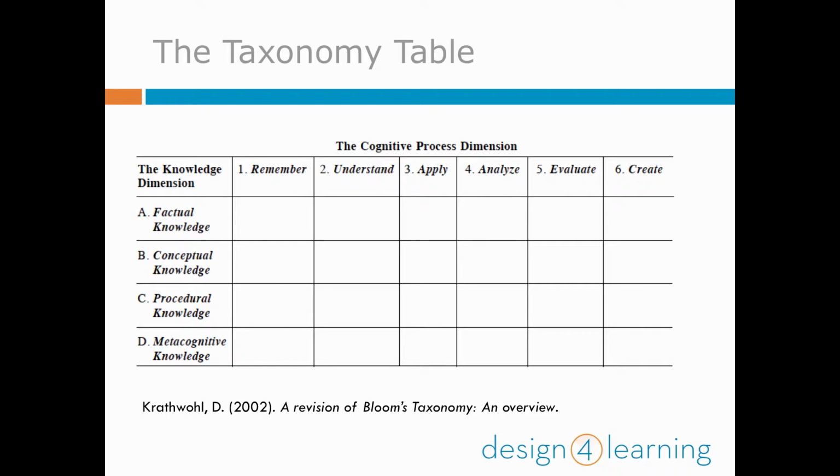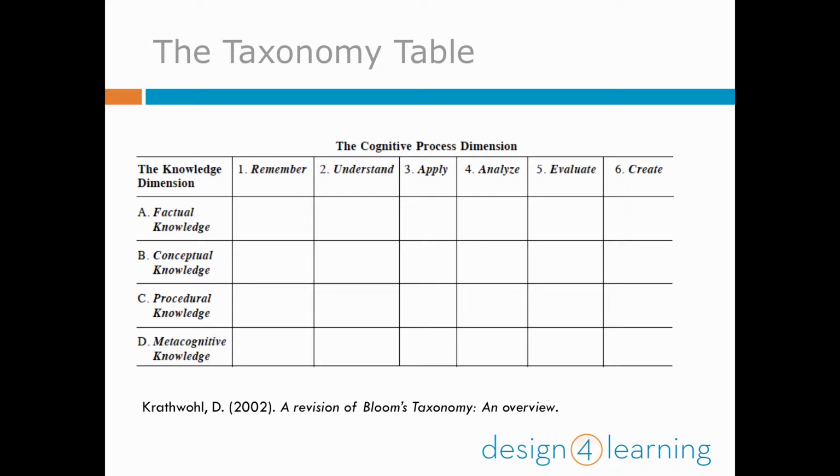We as educators need to consider both the cognitive process dimension as well as the type of knowledge when creating our learning outcomes. Does our learning outcome involve factual knowledge, conceptual knowledge, procedural knowledge, or metacognitive knowledge? And at what level of thinking skills, higher order or lower order? Please read the article by Krathwohl for a full understanding of this way of conceptualizing learning.